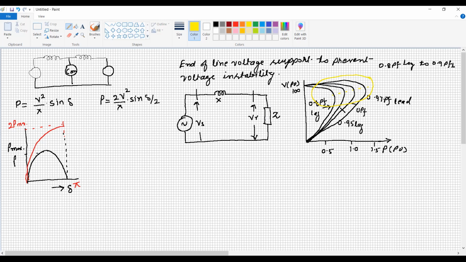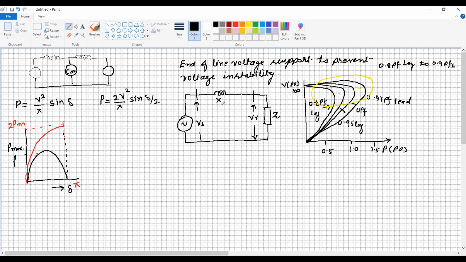But as soon as the power factor goes to the leading side, there is a surplus of reactive power, and because of this surplus, the receiving bus voltage is slightly greater than the rated voltage. So this nose is the point that indicates voltage instability. The voltage instability can be avoided with the help of compensation, that is, shunt compensation.